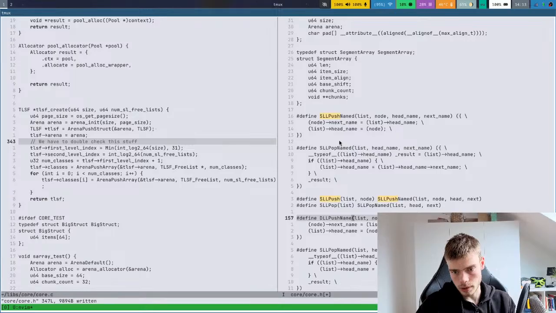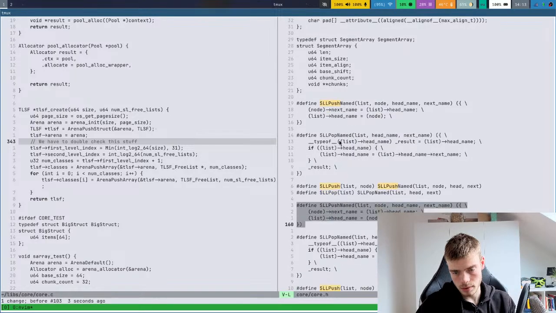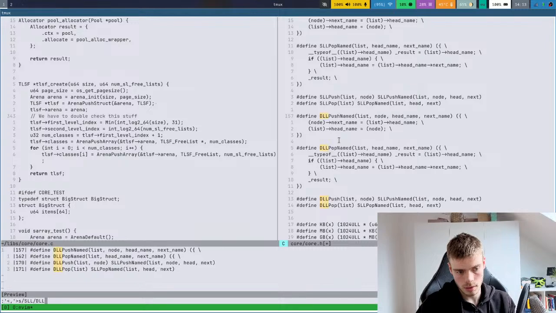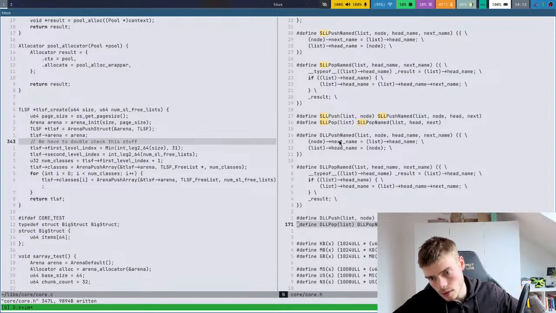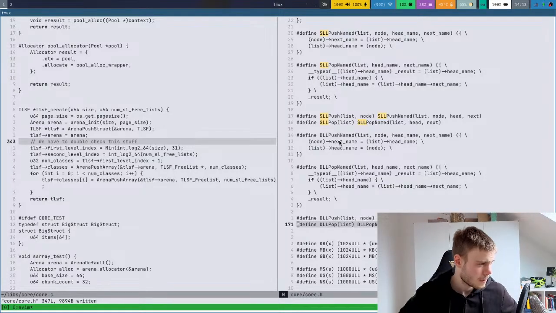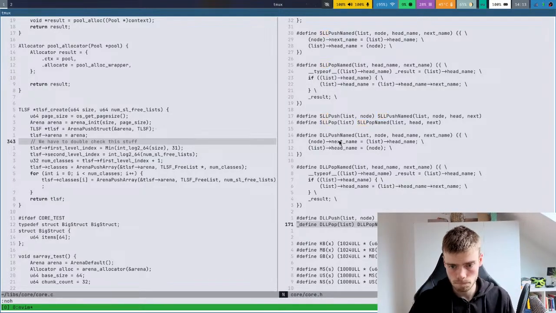DLL push name, SLL DLL. Good. So DLL push name.